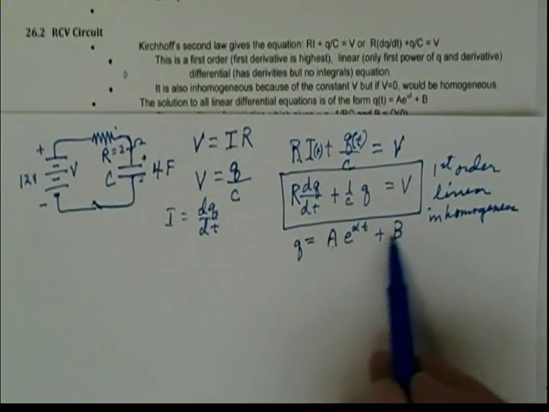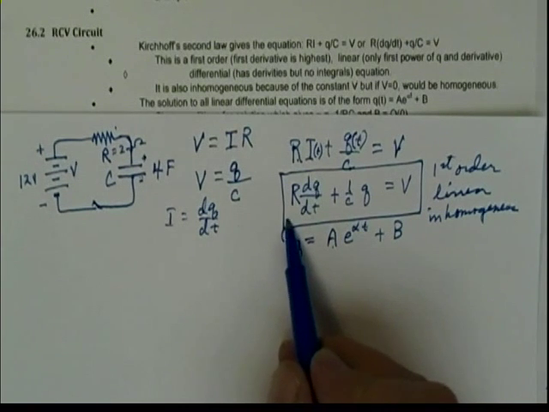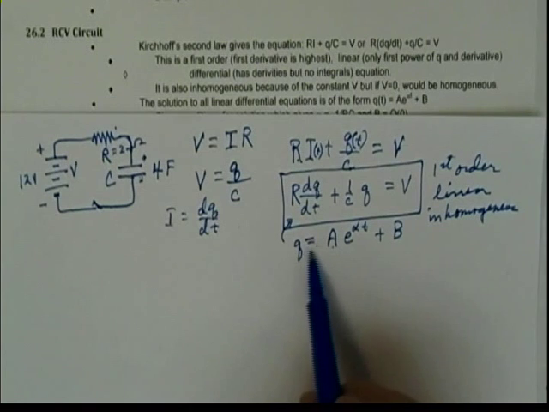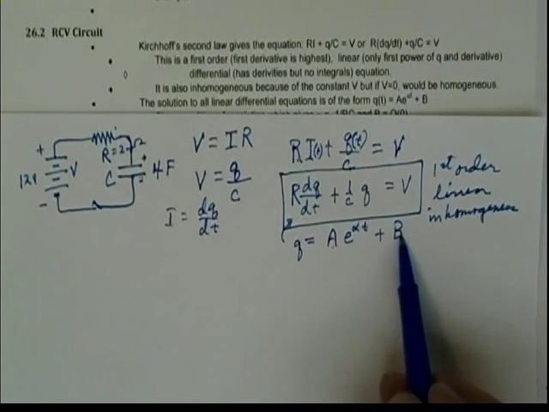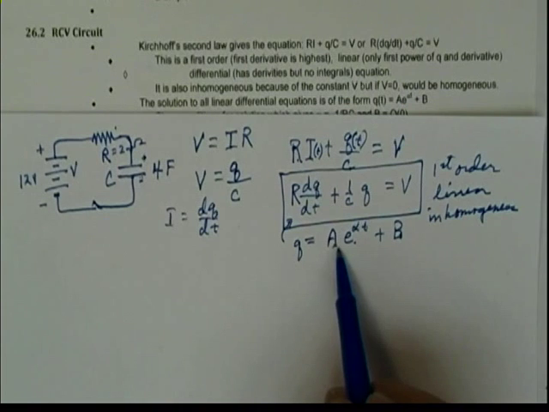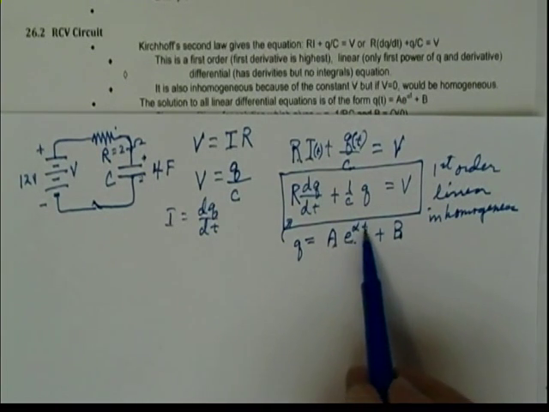But I have to see what works here. So in order to do that, I plug this in and see what constraints this gives me. Now watch this. When I take the derivative of this, the derivative of B is 0 because it's a constant. The derivative of the exponential term is alpha, because alpha comes down every time I differentiate an exponential. So this is A alpha e to the alpha t.